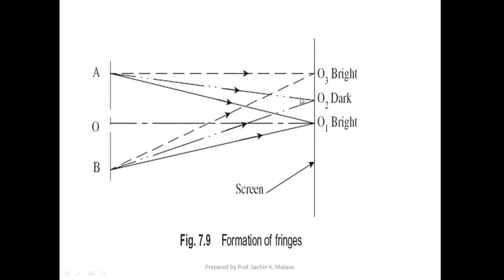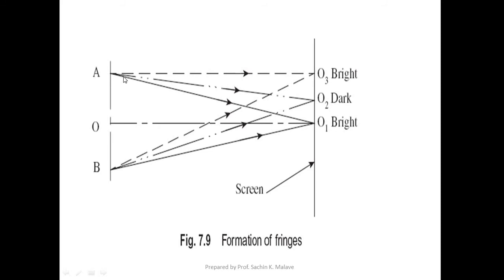Okay. Now what will happen if this is wave A, going to point O3? O3A is the distance traveled by A and O3B is the distance traveled by wave B. So we can easily see that O3B is greater than distance O3A. So the path traveled by both the waves is different, and that path difference, O3B minus O3A, is going to be some value.